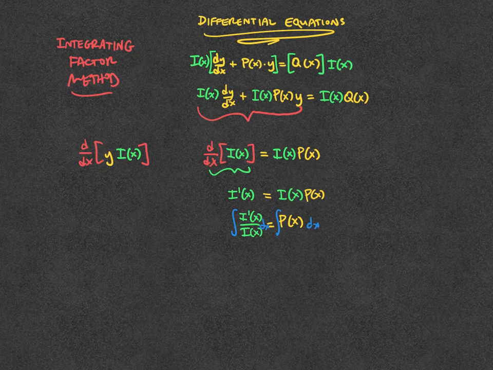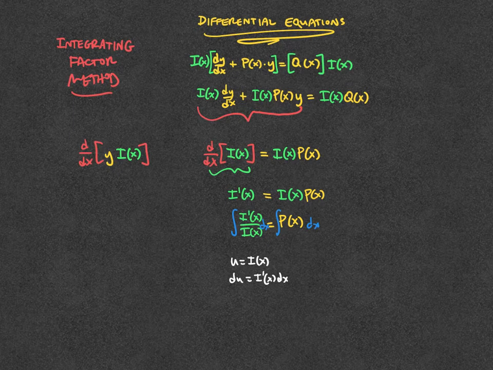And this is the perfect setup on the left side for a u substitution. So I'm going to set u, let's go with a different color, let's go white. If u equals I of x, then du is equal to I prime of x dx.